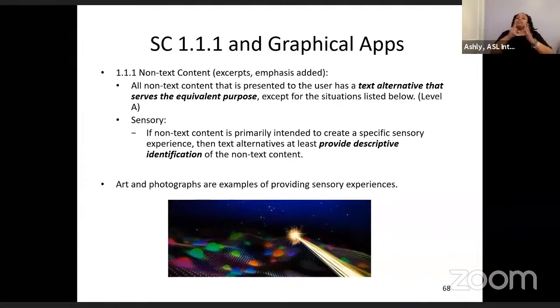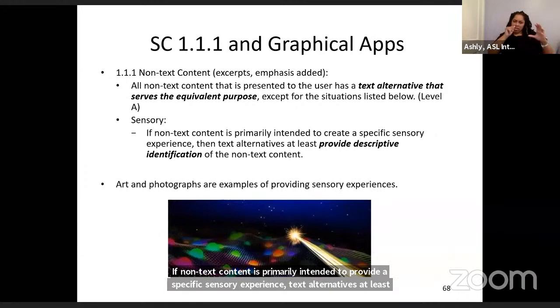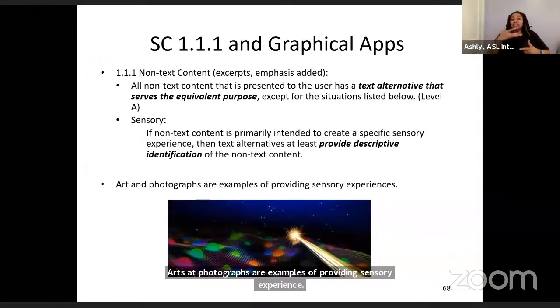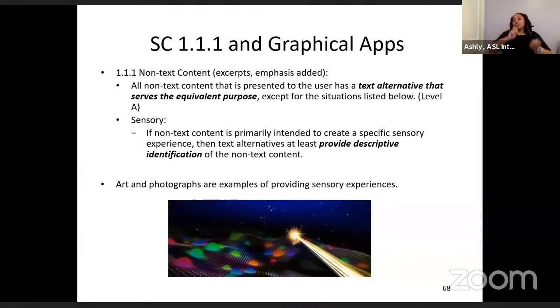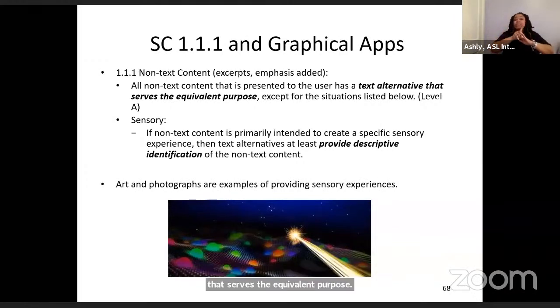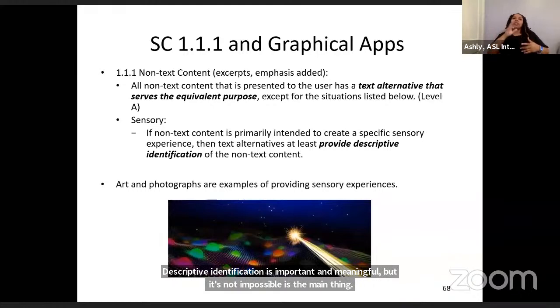There's a photograph here of maybe a meteor passing through some alien landscape. Arts and photographs are examples of providing sensory experience. So you need the descriptive identification, the text label, but not the text alternative that serves the equivalent purpose. Descriptive identification is important and meaningful, but it's not impossible, is the main thing. I've never seen a situation where descriptive identification was an unreasonable requirement.